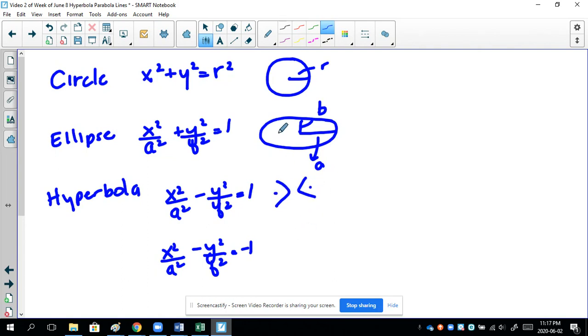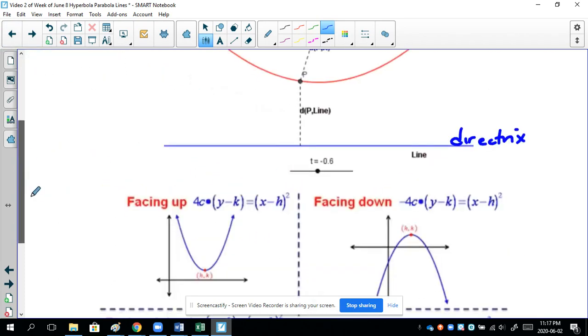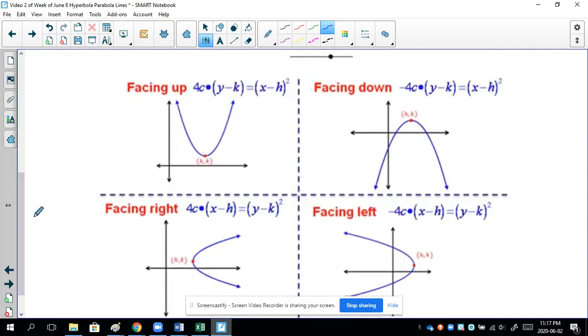Oh, I forgot, focal points for the ellipse would be there. And -1 opens this way with the focal points there. And parabola, I'm not going to rewrite them all. They were right here. These are the 4 possible equations for the parabola.